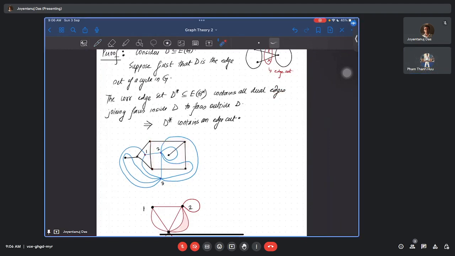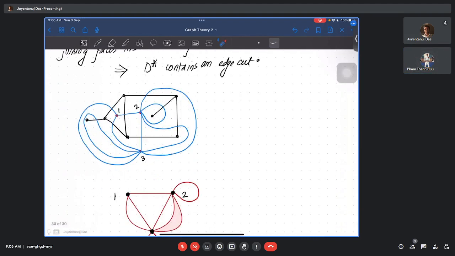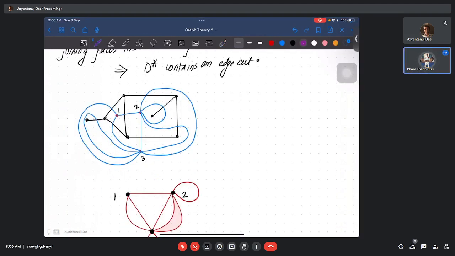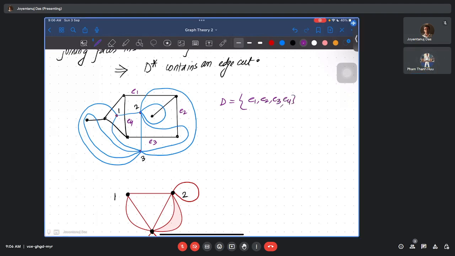Let us name the edges E1, E2, E3, and E4. So these four edges I am taking, and D is my set. Then the corresponding edges in the dual graph: for E1, the corresponding edge is E1 star, for E2 this edge is E2 star, for E3 this is E3 star, and this is E4 star.